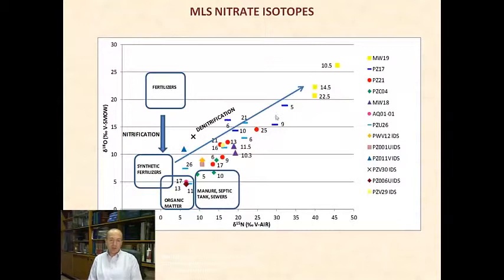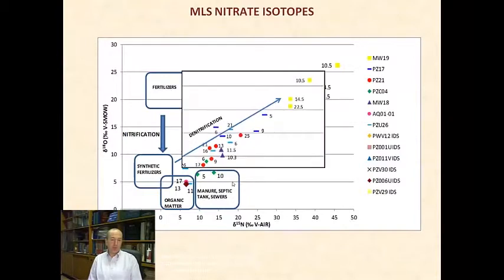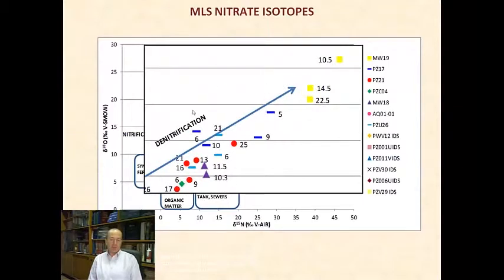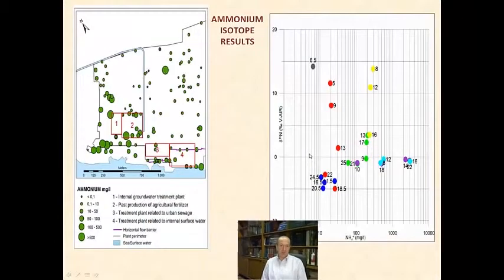But the same situation you can see in some other samples inside your system, less clear. So we can conclude that there is some effect of denitrification, and the source of nitrogen can be doubled, and you can see in detail what's happening in the field where the denitrification is very important, is very strong.